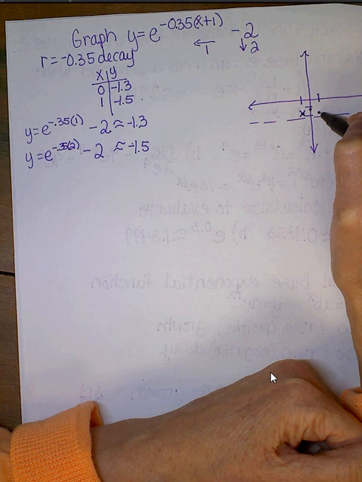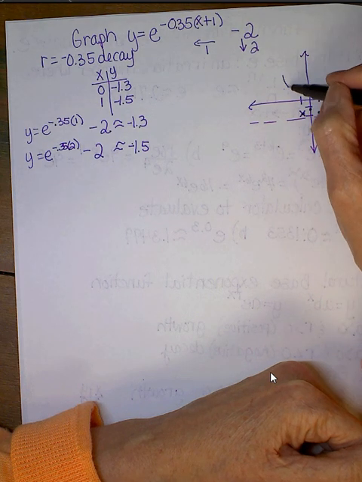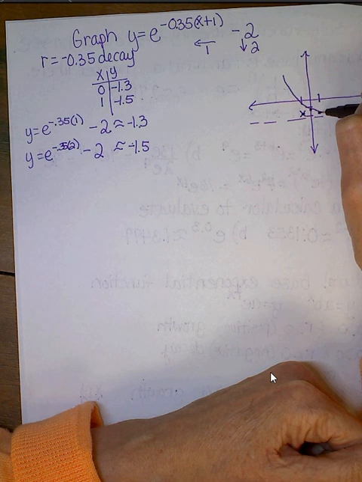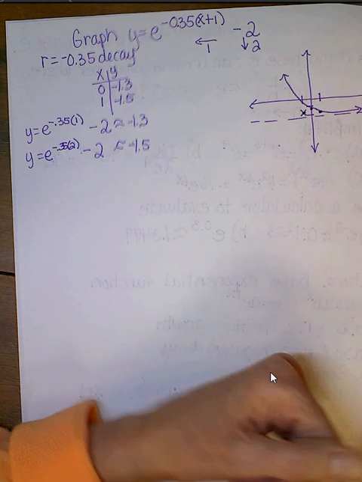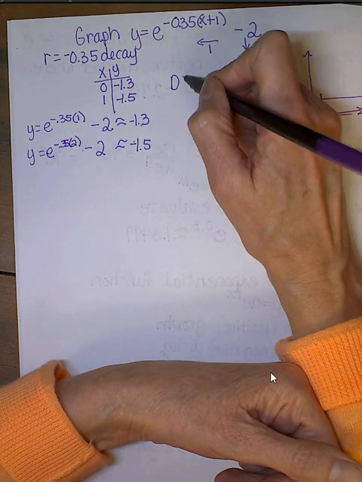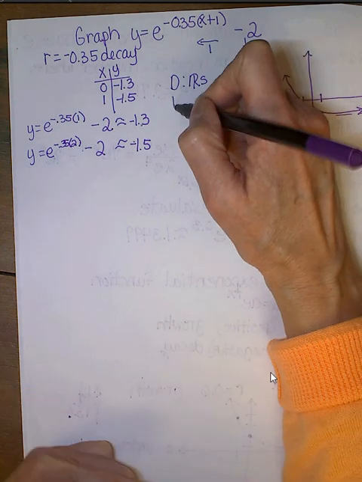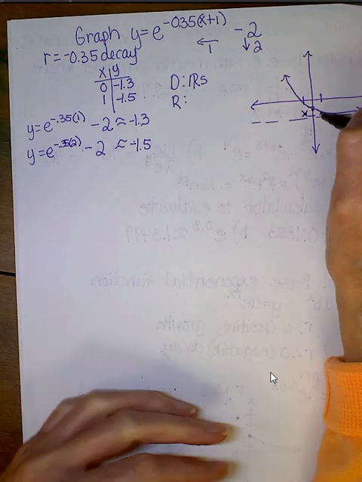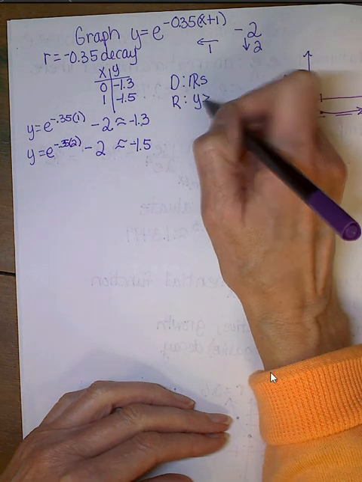I knew I had made a mistake because it was showing growth instead of decay, and I knew it was decay. So decay is decreasing in value. And then domain, all reals, you should be getting really good at that one. The range is above negative 2, so y is greater than negative 2.